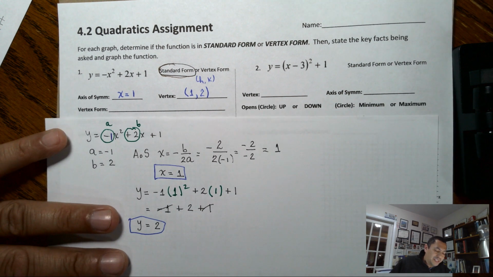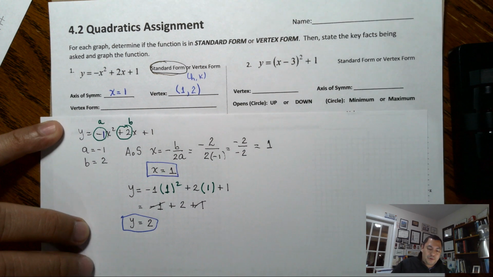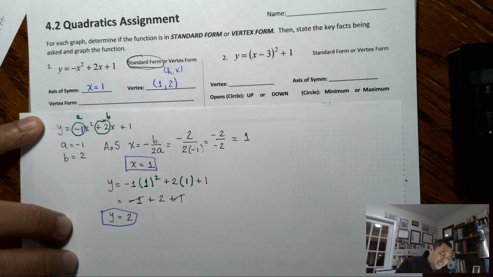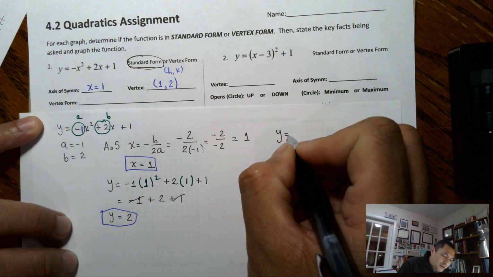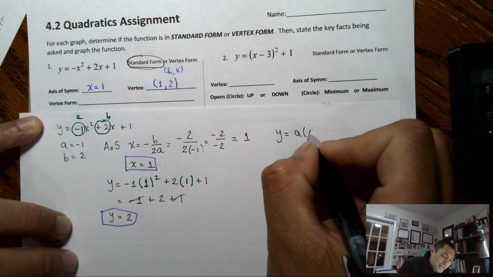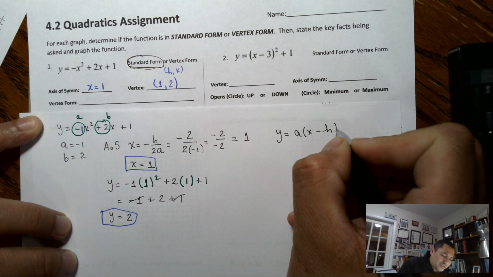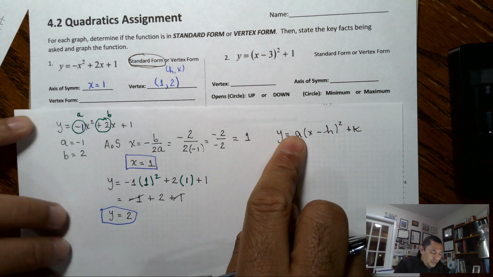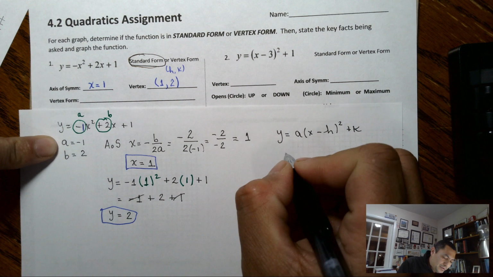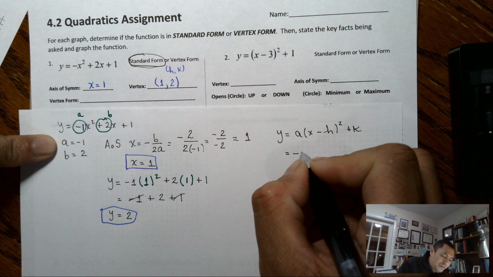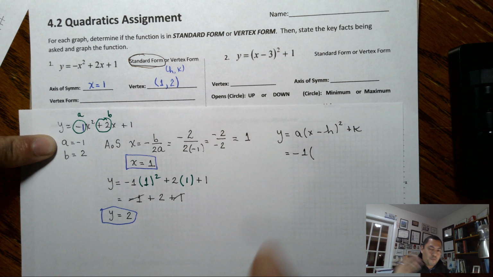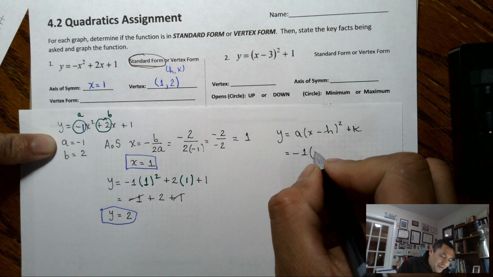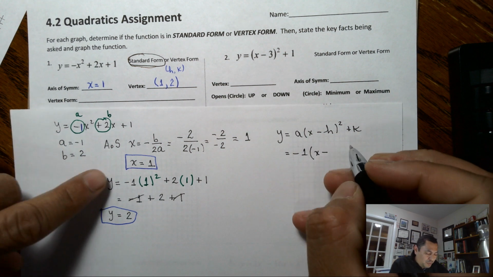Now they want the vertex form. The vertex form, remember, in this case was y equals a times x minus h squared plus k. We know a is negative 1, right? So I have a equals negative 1. If you want to write 1, write 1. I have x minus h. What is the value of h?